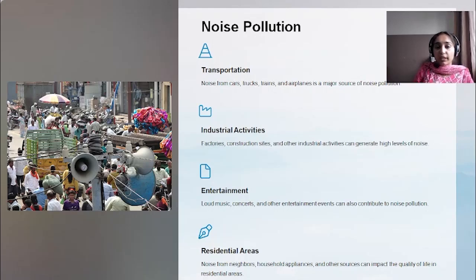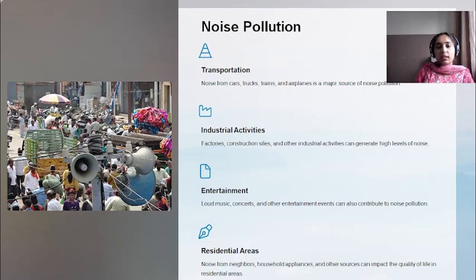As we already know, the normal range is from 40 to 60 decibels. If the sound is more than 60 decibels, then it is very harmful for the environment as well as for humans. So transportation is a major cause of noise pollution.